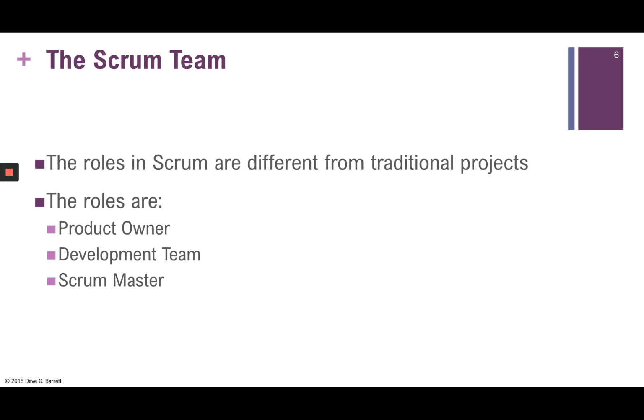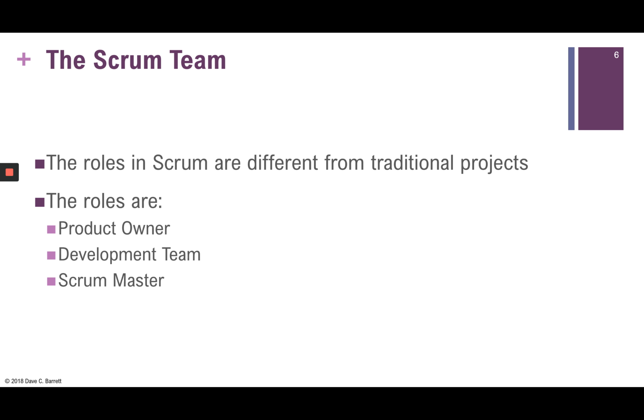They are the voice of the business, and will represent their needs. The second role is the development team. These are the individuals who are responsible for actually completing the work of each sprint. They are generally a self-directed, cross-functional team that complete all aspects of the work. And finally, there is a Scrum Master, where a Scrum Master is responsible for ensuring Scrum processes are understood and followed.